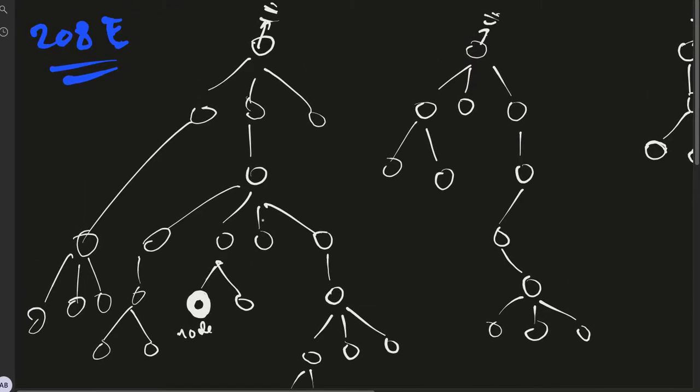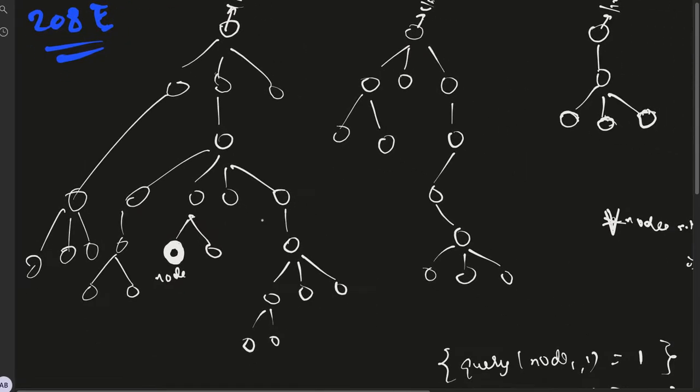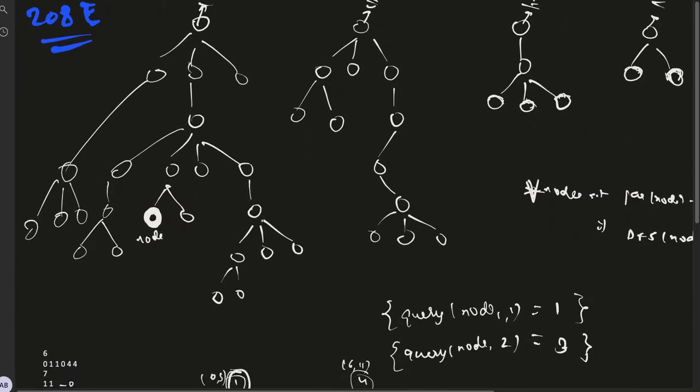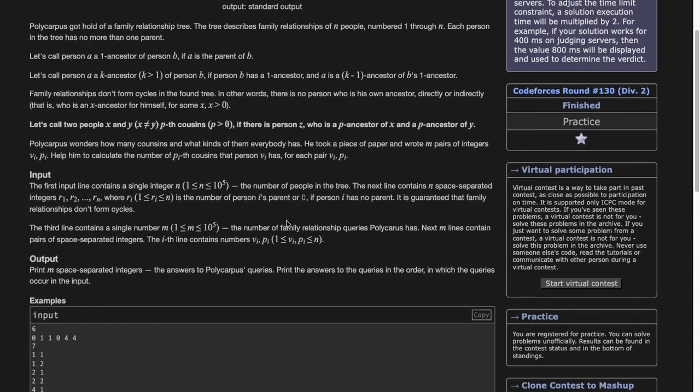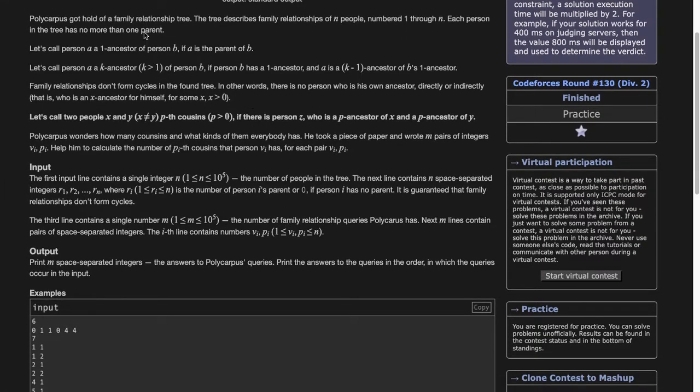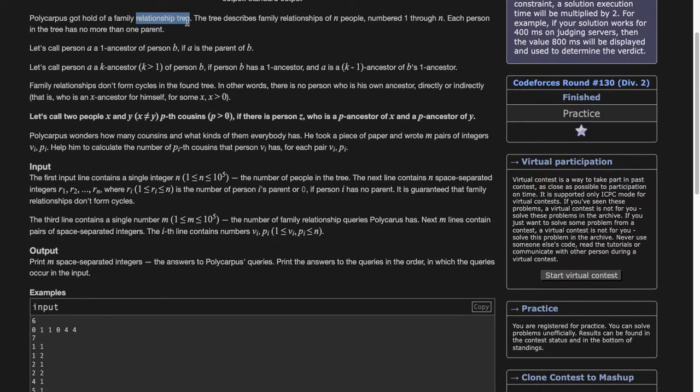So the idea for this is, first of all, the tree need not be connected. What I mean is, in the family relationship tree, the number of edges might not be n minus 1 because it might be a forest rather than a tree.